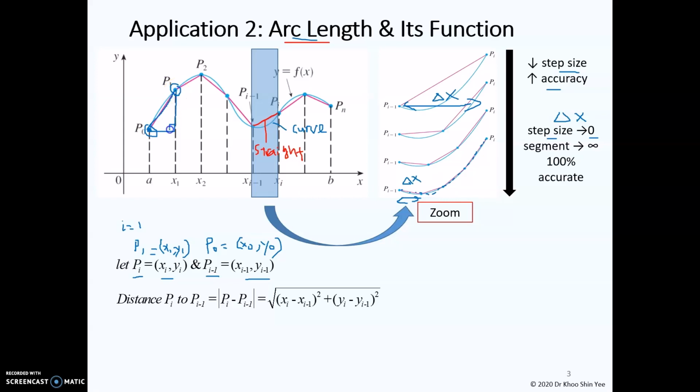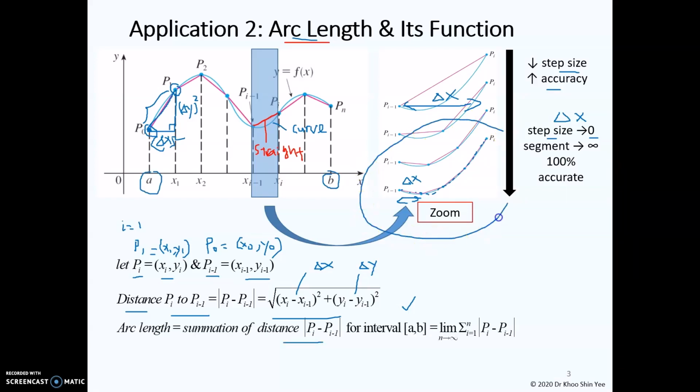And from the triangle, we can take the delta y squared here plus the delta x squared here and take the square root, then you obtain the resultant. So the distance of a straight line between 2 points can be written into this formula, where this is the delta x and this is the delta y.